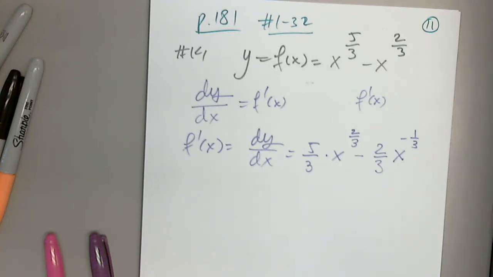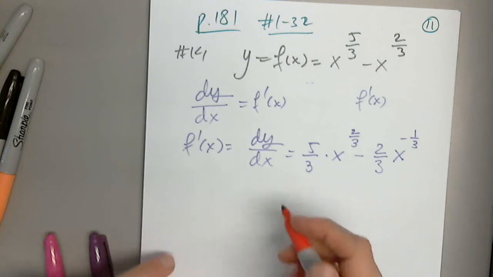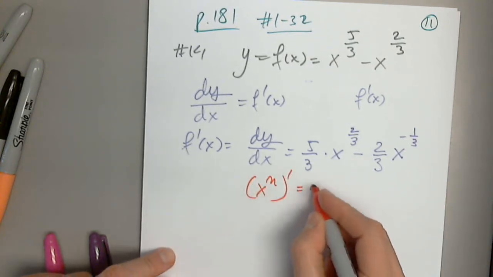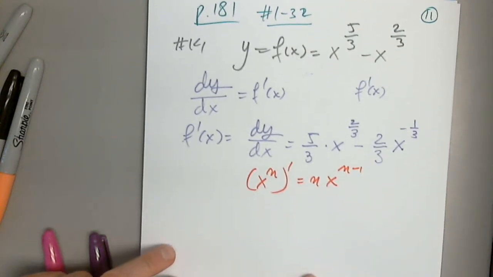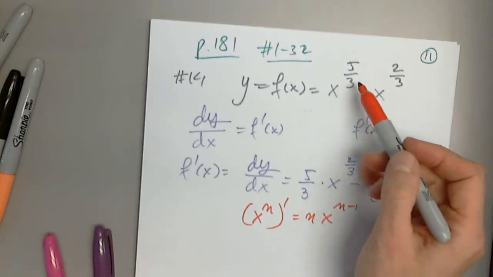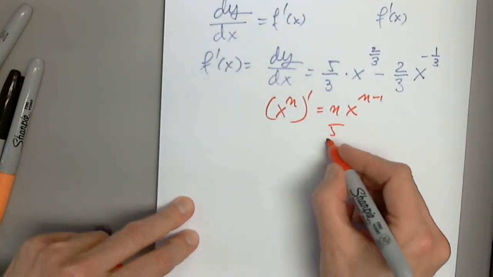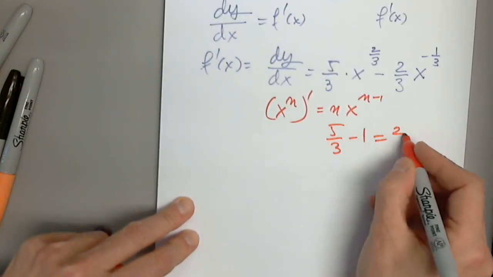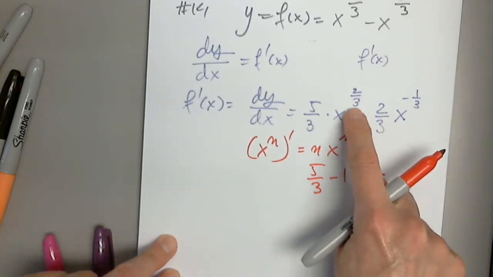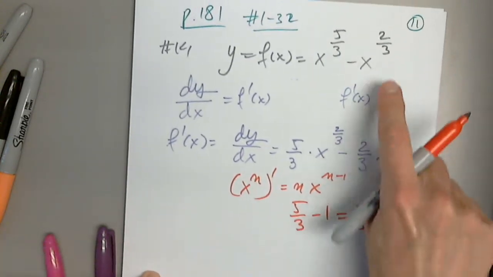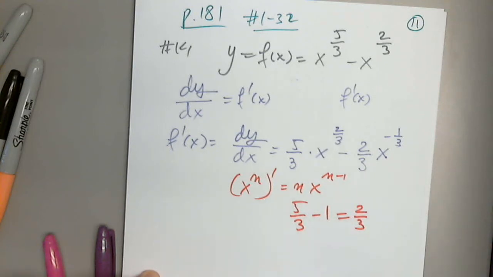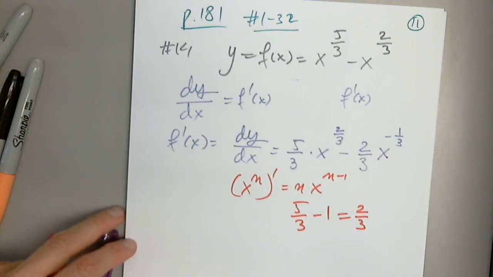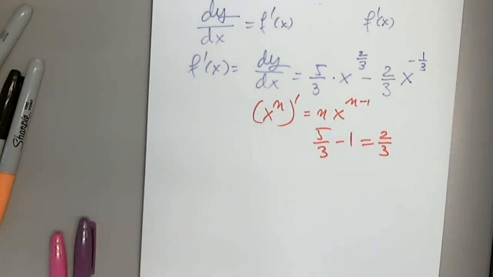Yes, I'm using this formula. So the power comes in front, and I subtract 1 from the power. 5/3 minus 1 is 2/3. And that's why I wrote 2/3. And from 2/3, when I subtract 1, I get negative 1/3. Better, everyone? Okay.